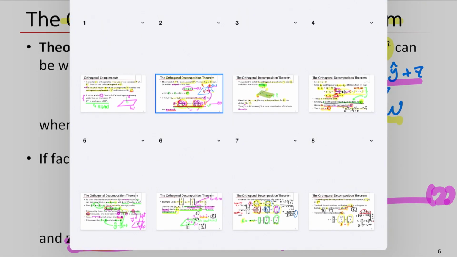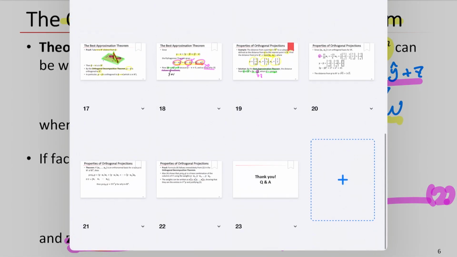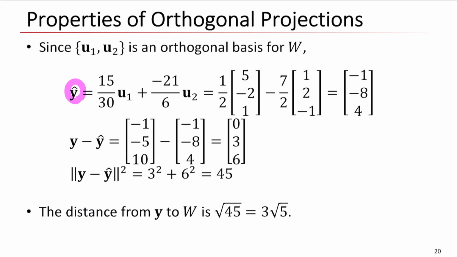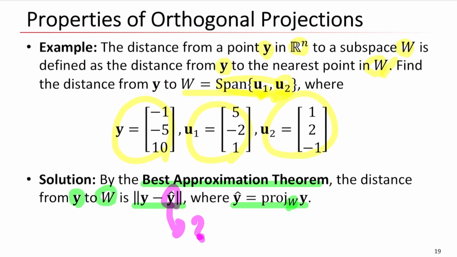Okay, so let's go back. This one is y inner product u1 over u1 inner product u1. So what was the y inner product u1?